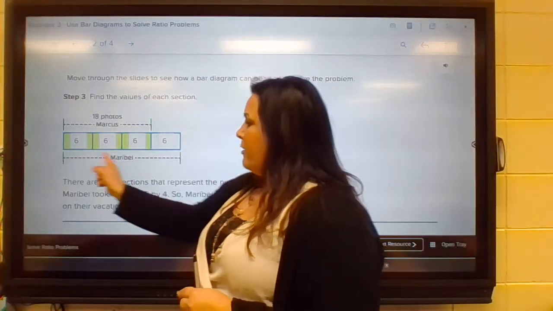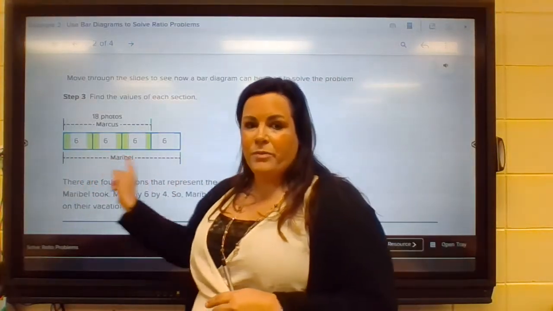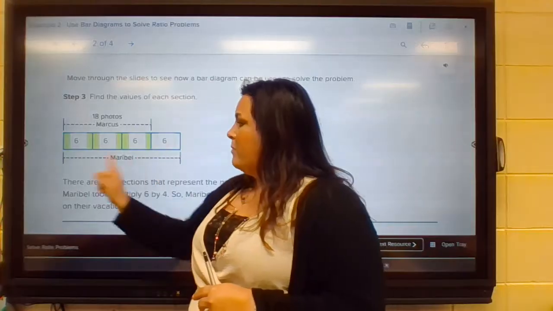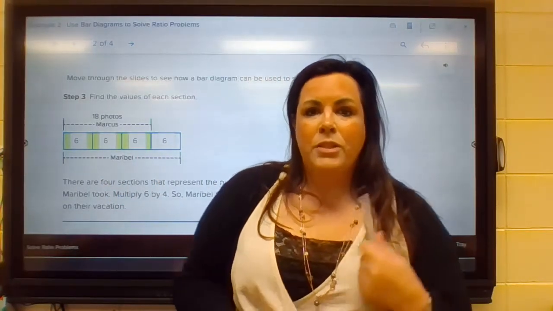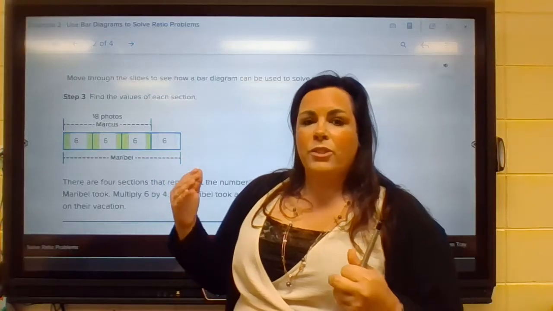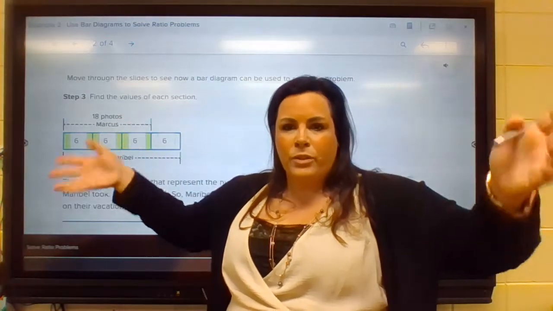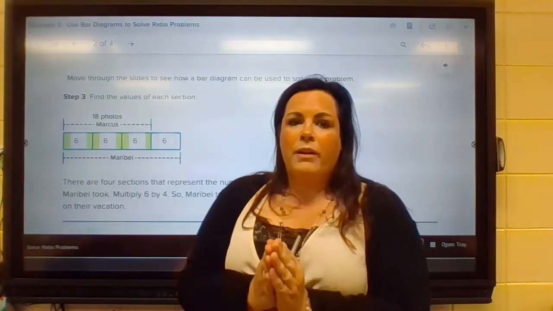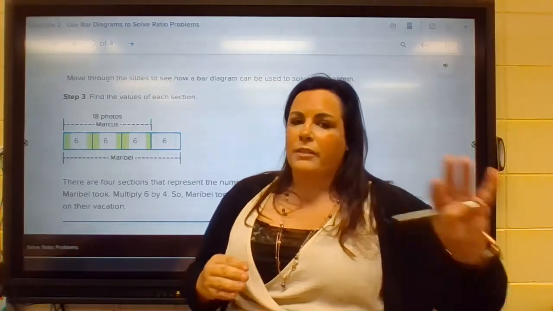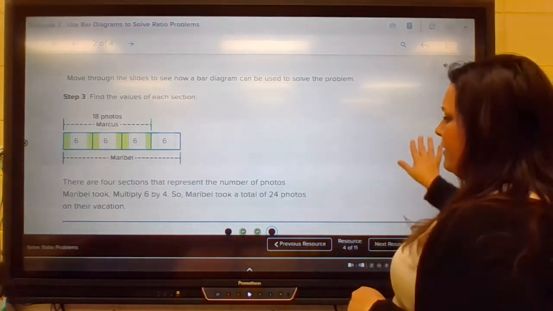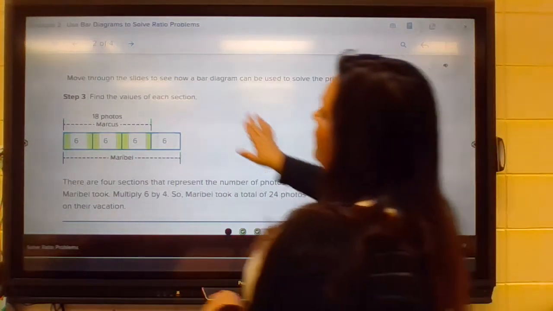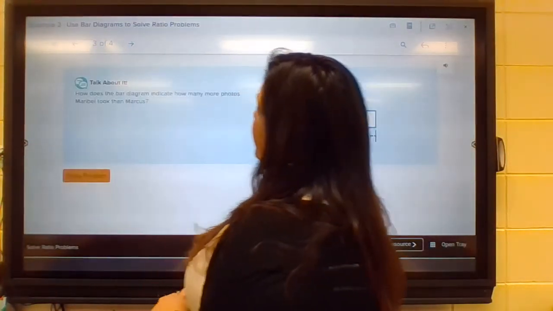Well, if Maribel took 4 sections, right, we would do 6 times 4, and her answer would then be 24. So this is one of those situations where we're kind of missing the whole number here, and we know the part. So we're working a little bit differently, but the process is still the same for drawing a bar. Okay? So we know that it's a total of 24 photos that Maribel took.